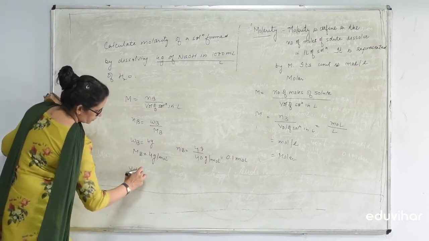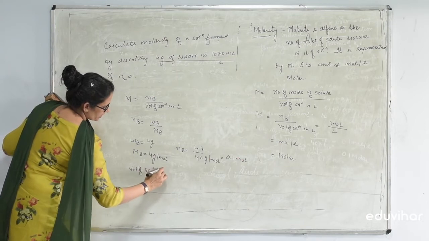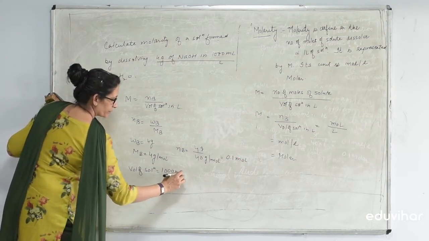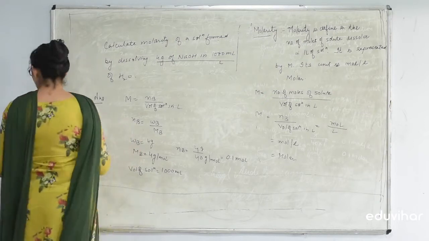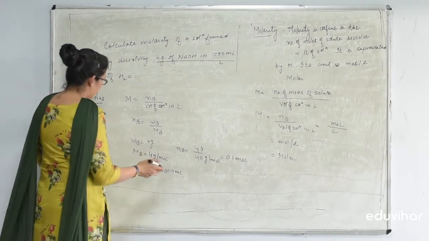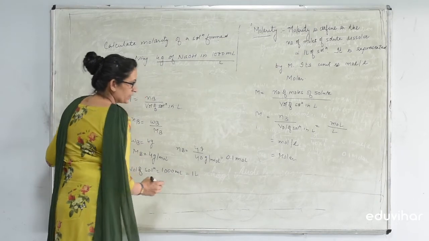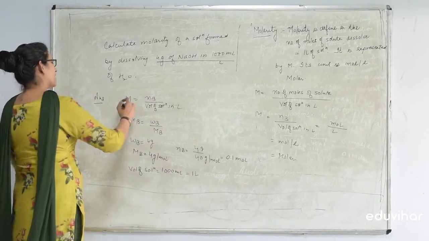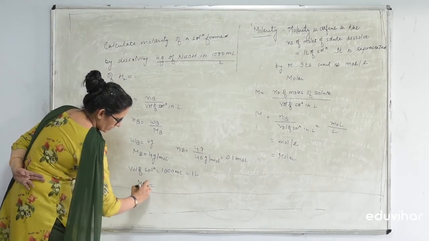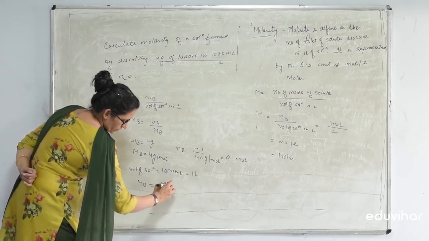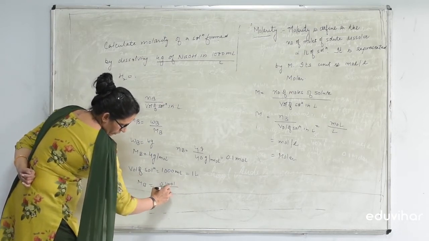Next is the volume of solution. The volume of solution is given as 1000 ml. As we know, 1000 ml is equal to 1 liter. By putting the values in this formula, M is equal to 0.1 mole divided by 1 liter.